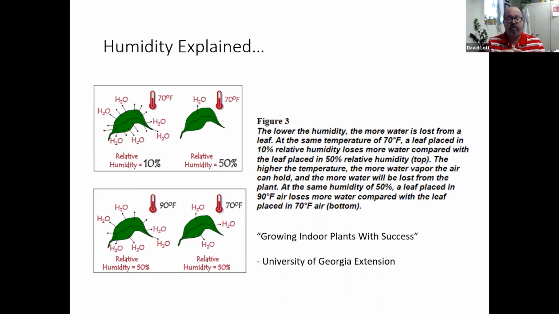If we have a 70-degree environment with humidity at 50, it's not nearly as much. And so we wanted to show you the difference between moisture loss with humidity percentages and temperature, because they do go hand in hand. And that's once again in that publication from the University of Georgia Extension.